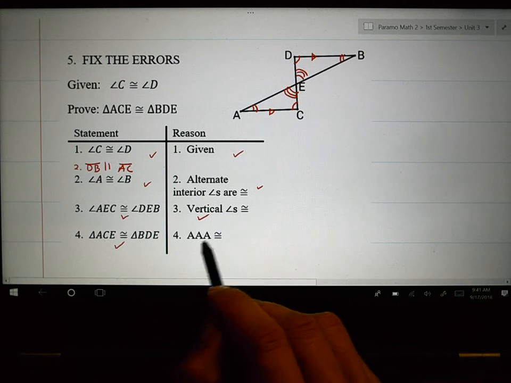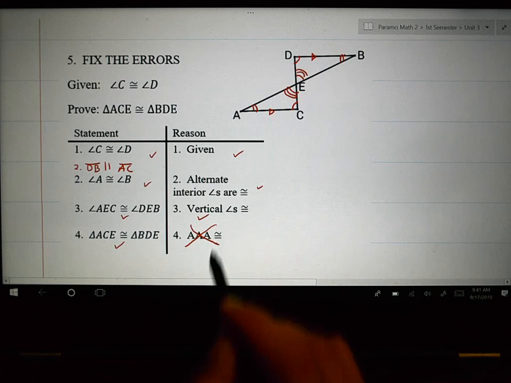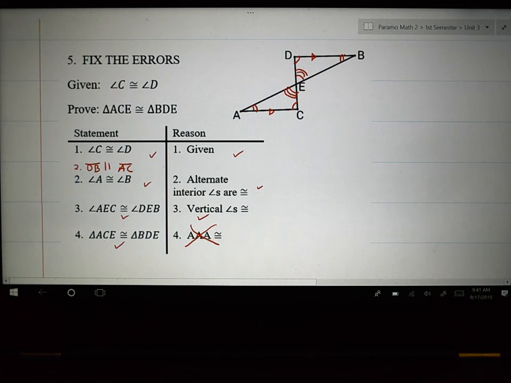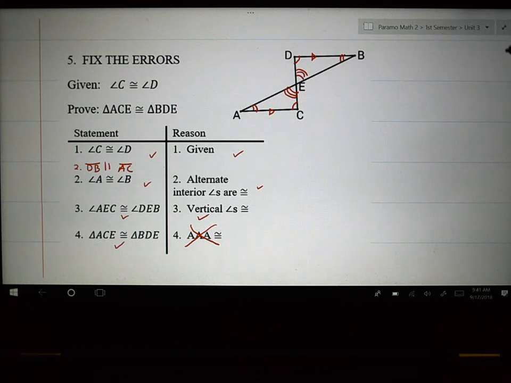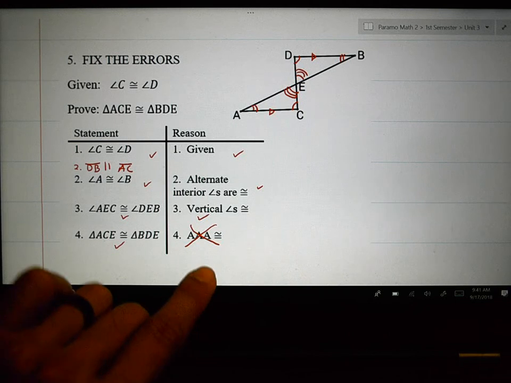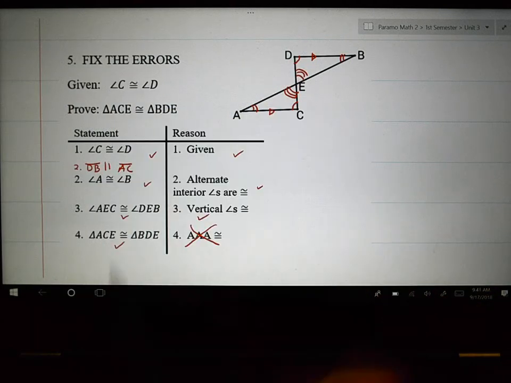Is this one of your 5 choices? And is there any other way to be able to find that this is congruent to this? Is there a side that's the same? Is there any way to tell if any sides are the same? No. Is there any right angles or a hypotenuse and a leg? No. There is no way to prove that this triangle is congruent to this triangle with that given information.